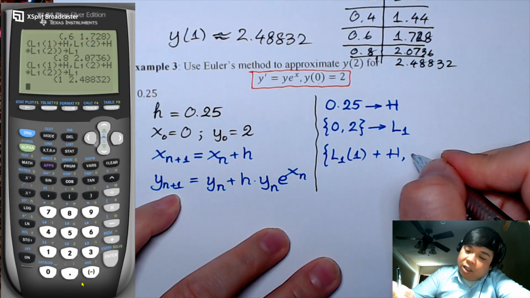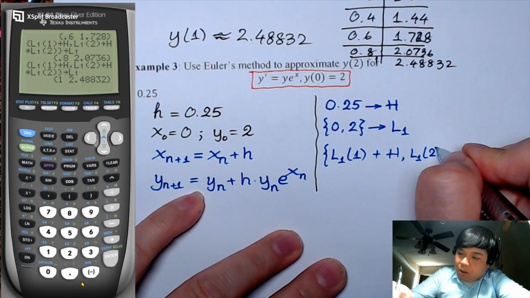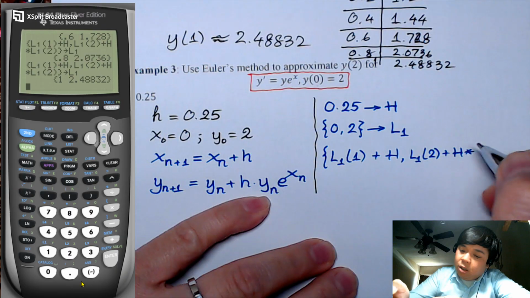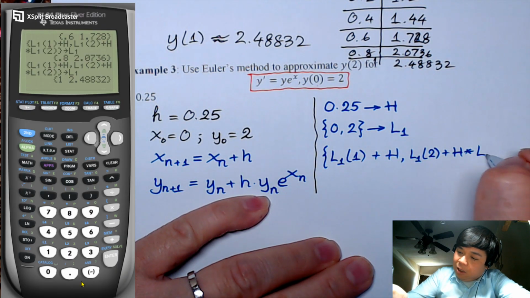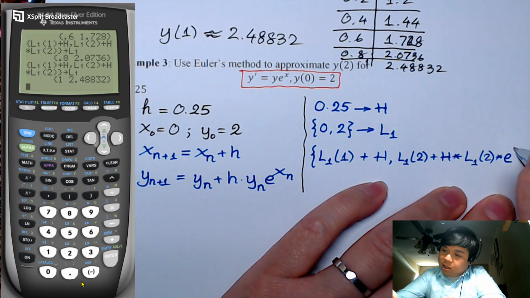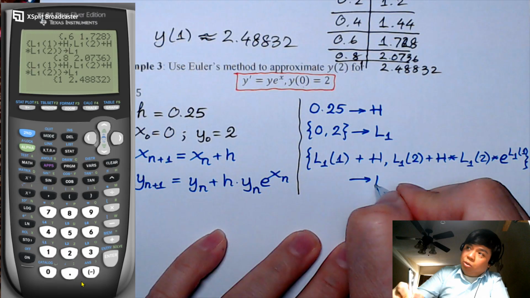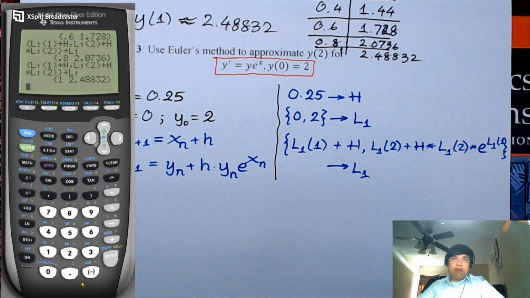Okay, new y is equal to the old y plus h times old y times e to the old x. Old x is L1 1. Okay, close that and store into L1.